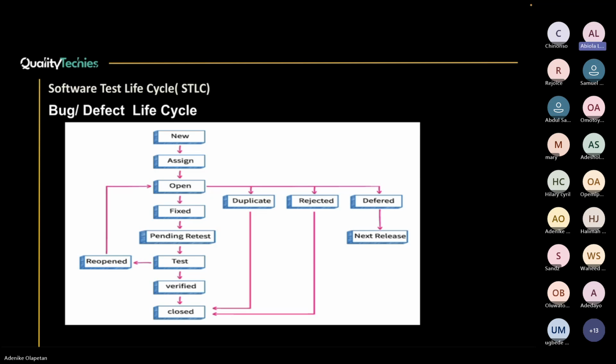The last journey is that the defect was opened, it was deferred. So for fintechs or organizations where they do the agile process, they already have a specified time for each of their sprints.